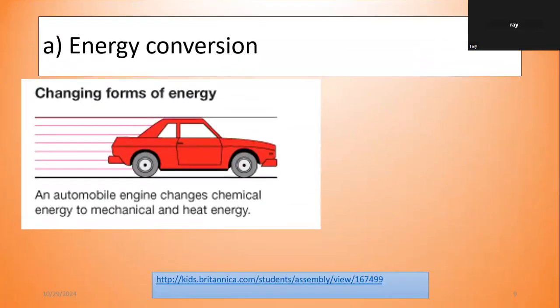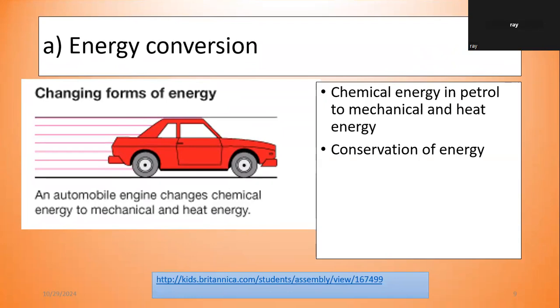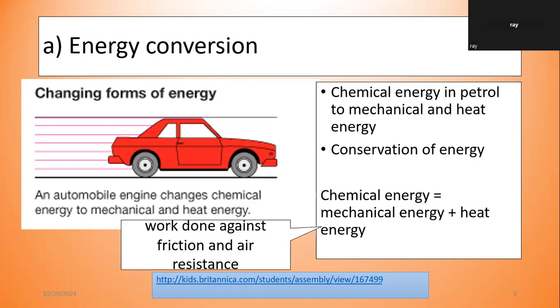Okay, energy conversion, changing forms of energy. In a car, chemical energy in petrol is converted to mechanical energy and heat energy. So you should be able to write down the conservation of energy. Chemical energy equals mechanical energy plus your heat energy. When we say mechanical, it can mean kinetic and potential.